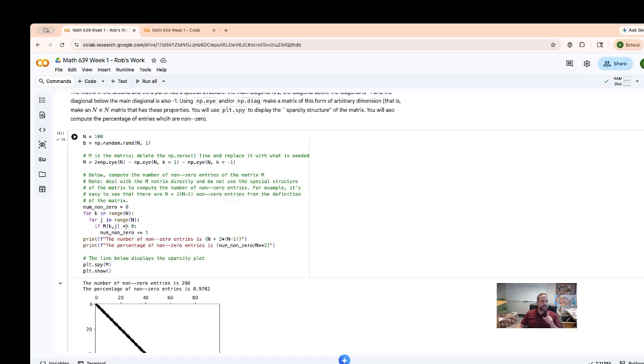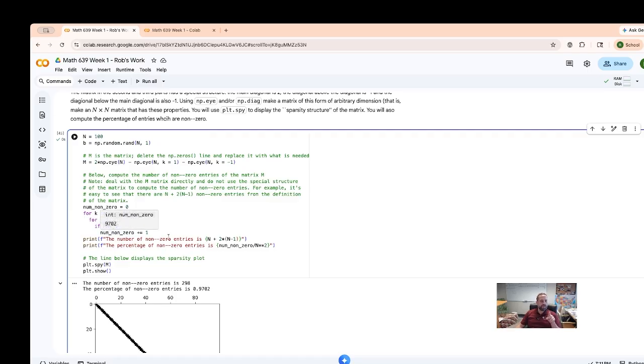Oh, sorry. This is if it's equal to 0. This says if it's equal to 0, we add 1. I want the number of non-zero entries, so that's going to be not equal to. This is why I like to test what I have, to make sure everything is working properly.